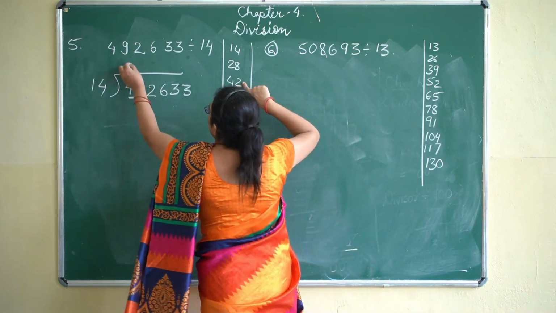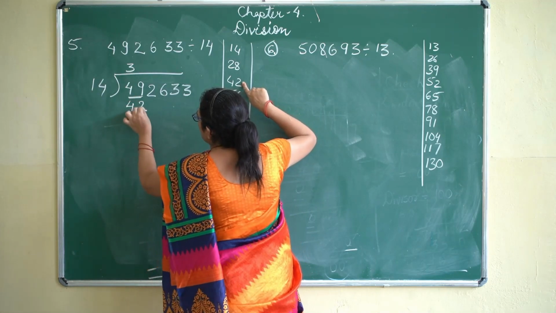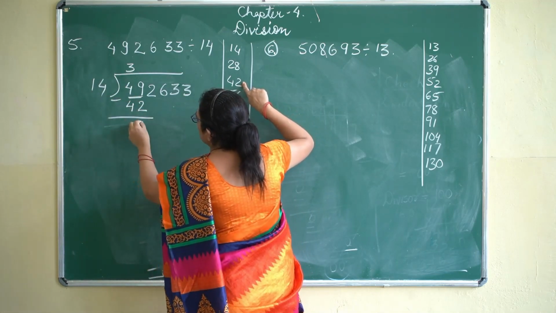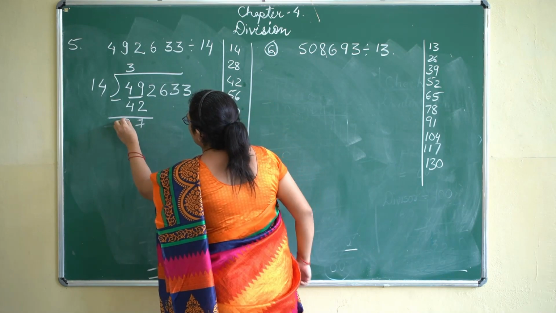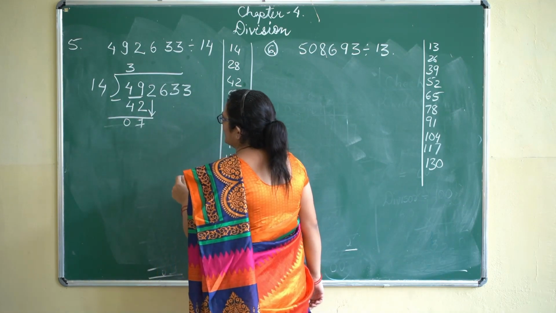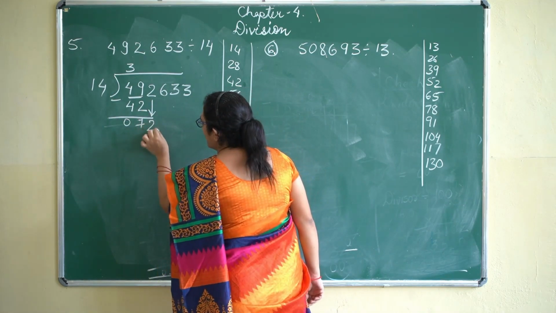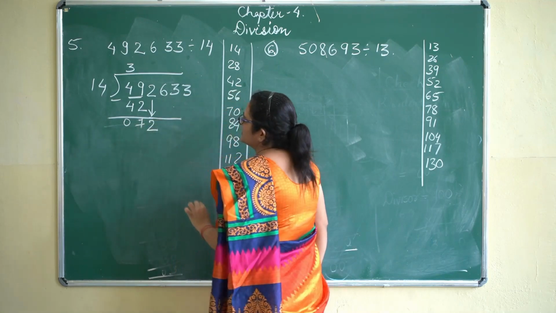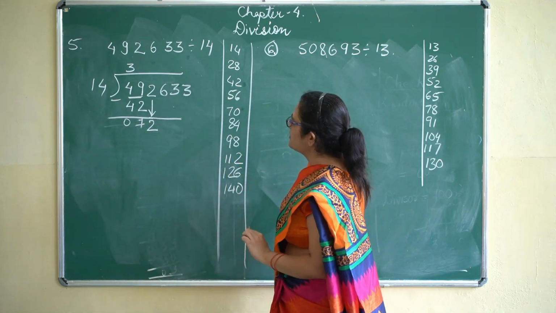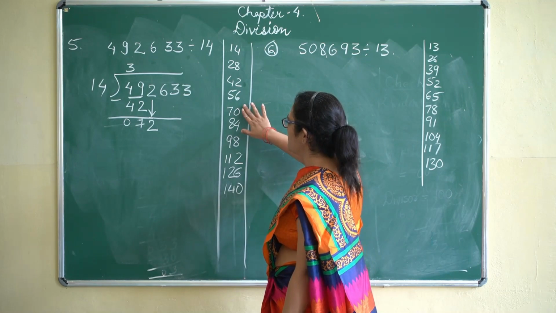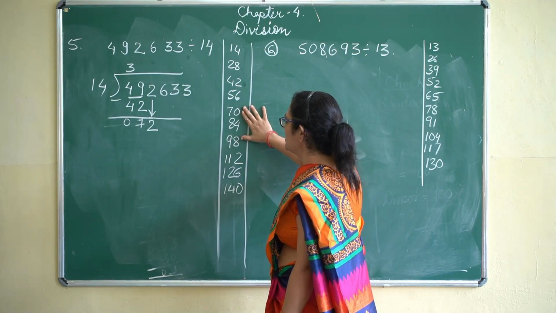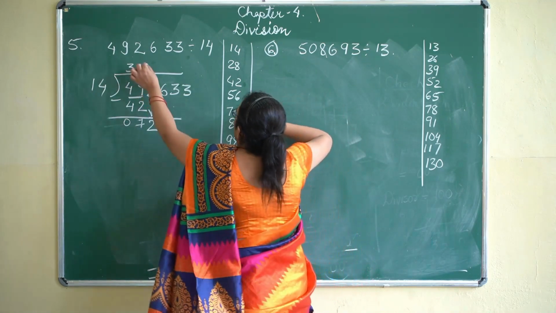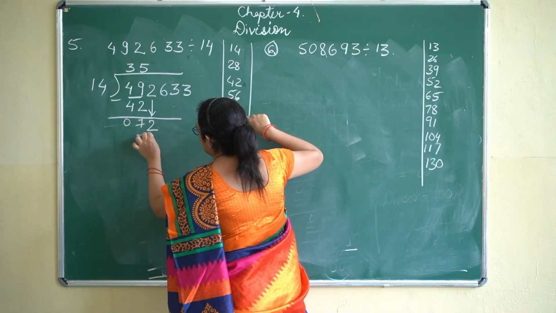So 14 threes are 42. Subtract: 9 minus 2 is 7, 4 minus 4 is 0. Next, we bring the next number down after subtraction. That is 2. In the table of 14, is 72 there? No. What is smaller than 72? 70. 14 5s are 70.